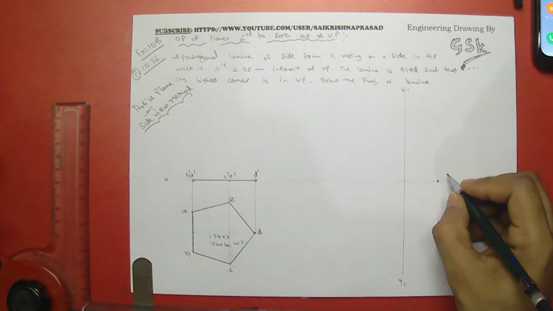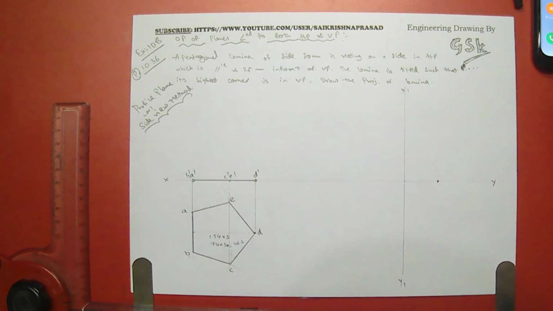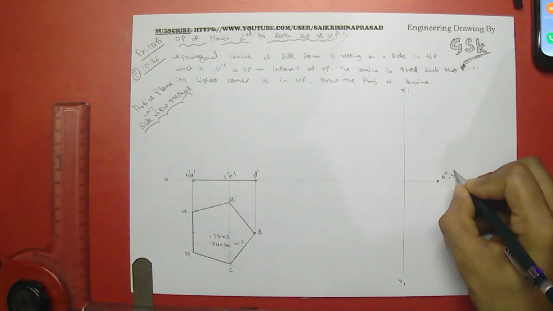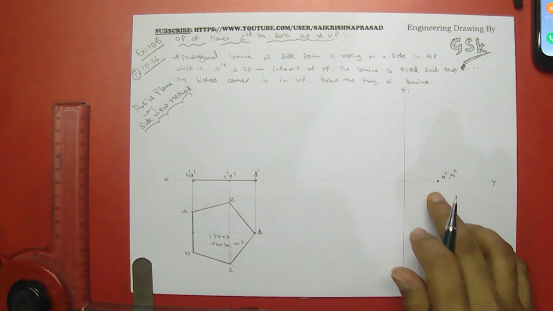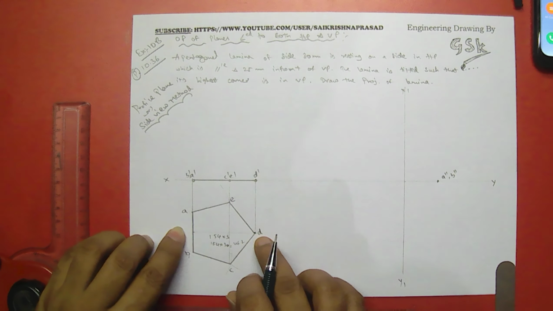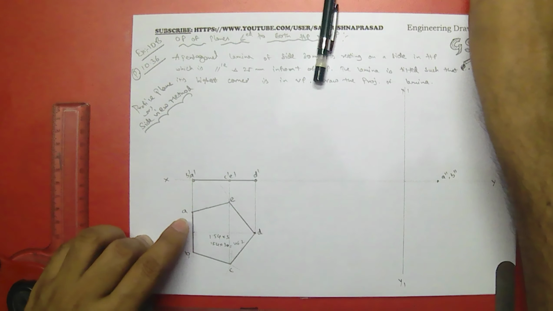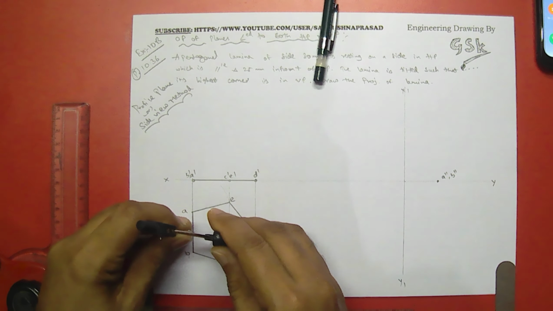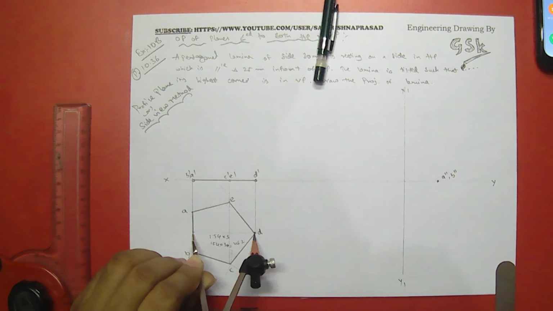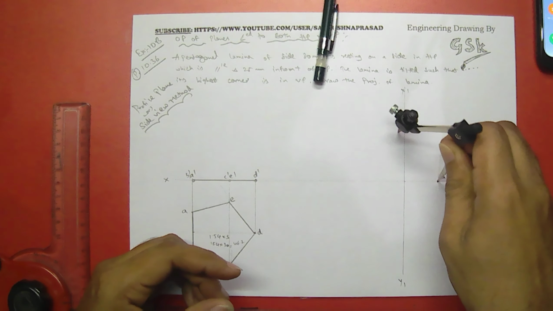So let me take A double dash, B double dash over here, and the highest corner is D. Now this D is on VP. So let me measure this one, and keeping on to this one, I'll draw an arc on the VP.